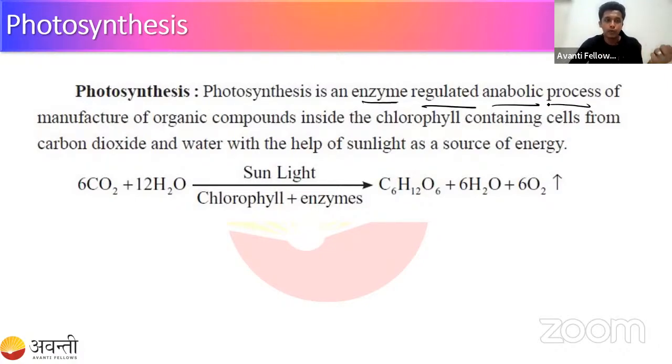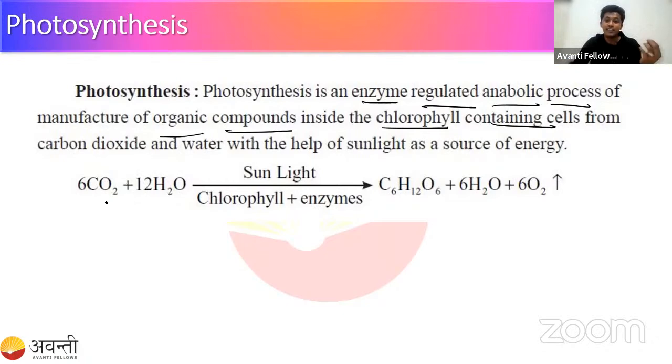It's a constructive process where we use simpler compounds and build complex organic compounds within the plant structures where they have chlorophyll. So it is a physiochemical reaction, also called an anabolic process of manufacturing organic compounds within the chlorophyll containing cells. Here you have a generic formula of photosynthesis.